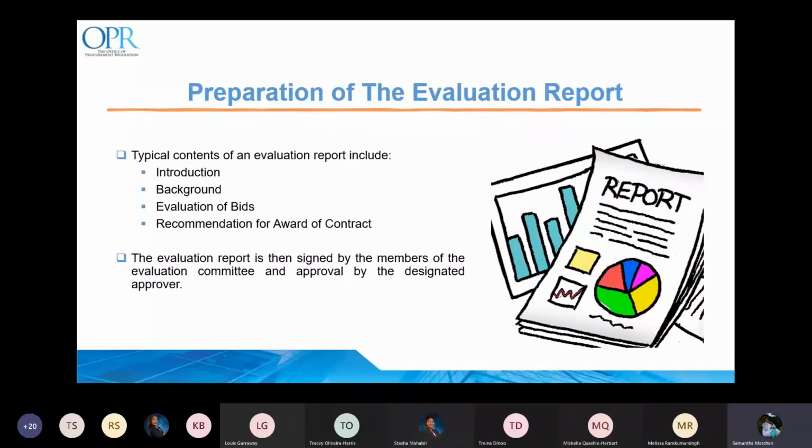The evaluation of bid section should include a detailed description of the evaluation process and the evaluation method applied, including the bids that were screened or shortlisted for further assessments.